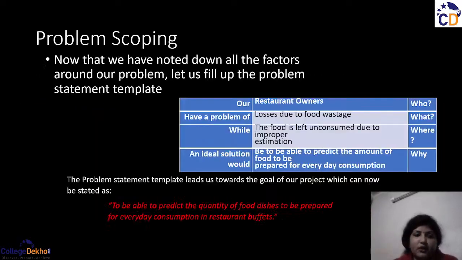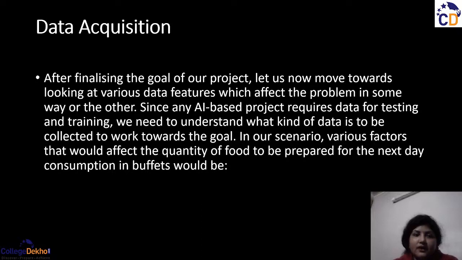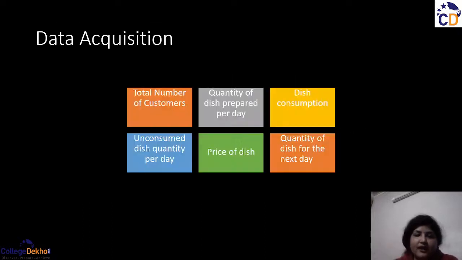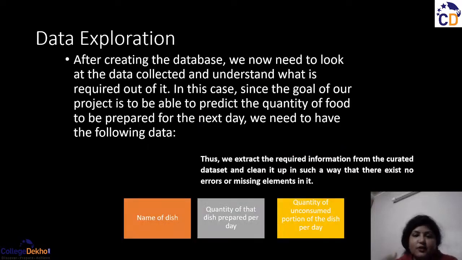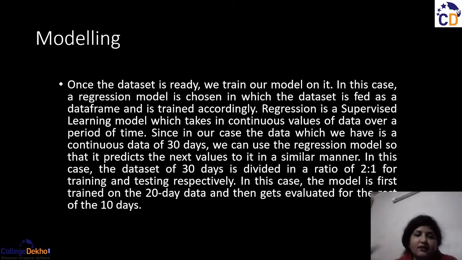Then when we talk about the data acquisition part, we have two sources, online sources and offline sources. After this, we have exploration, in which we basically clean the data and visualize that data. Once we have visualized the data, we apply the modeling techniques to train the model.